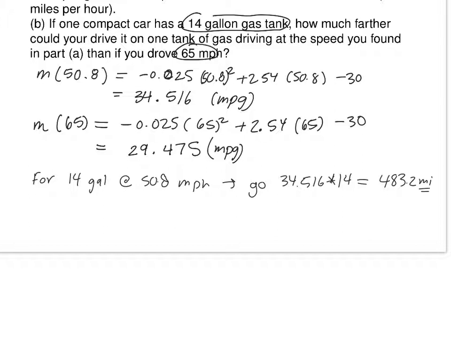The labels also cancel, right? Miles per gallon is miles over gallon, times how many gallons makes miles. So that's miles over gallons times gallons makes miles.